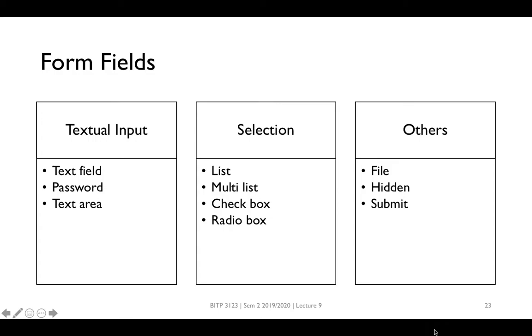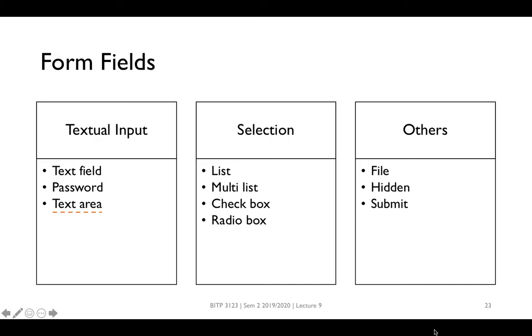There are three types of fields, which deal with textual input, selection, and others. Textual input requires the user to type into the field, such as text field, password, and text area. Selection allows the user to make one or many selections.